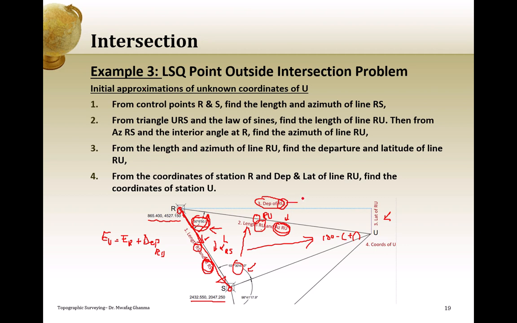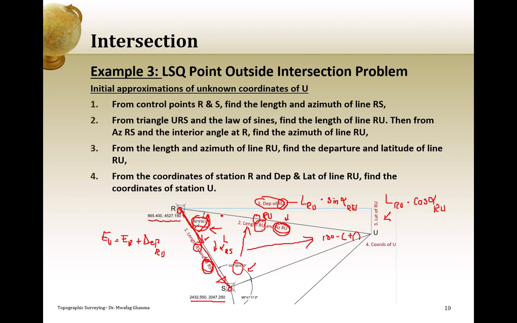It is the length of line RU multiplied by sine of the azimuth RU, while the latitude is calculated from the length of line RU, which we calculated previously, multiplied by cosine of the azimuth RU. So that's it. We have values.